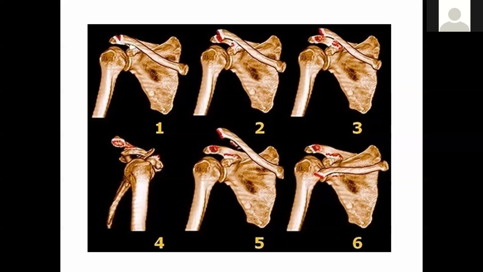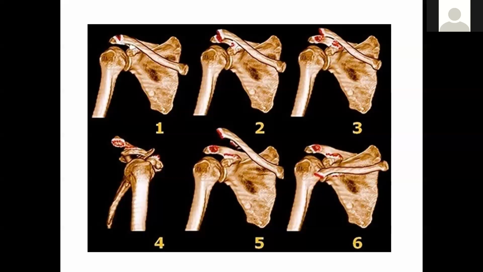And grades 1 through 3 may not require surgery. The others are kind of rare. Grade 4, this is done in profile here because the clavicle actually shifts posteriorly. So there's not a great deal of radiographic difference between a grade 4 and a grade 3. You need a supplemental image such as an axillary projection that you would do on the shoulder, ideally done cross-table, to see a posterior displacement.